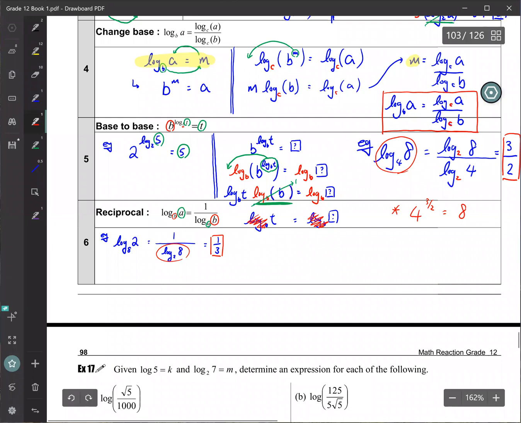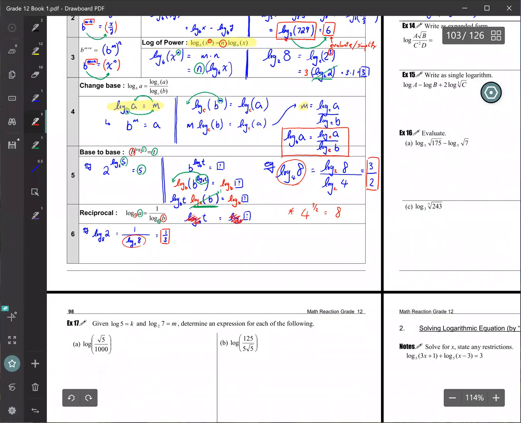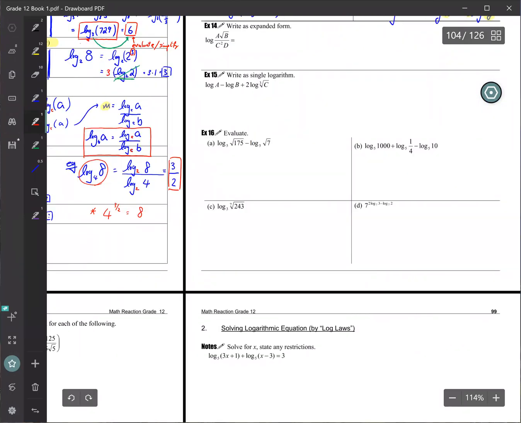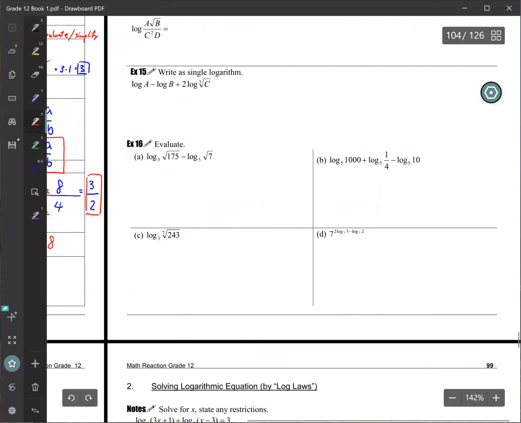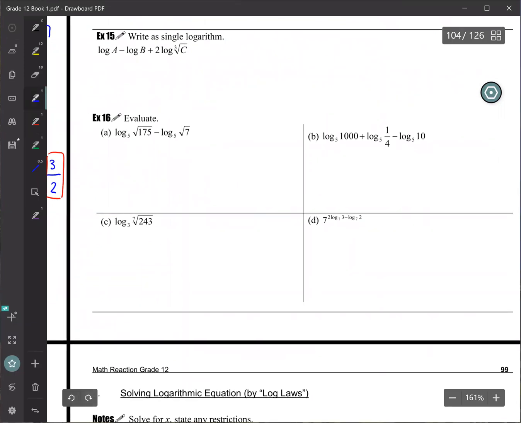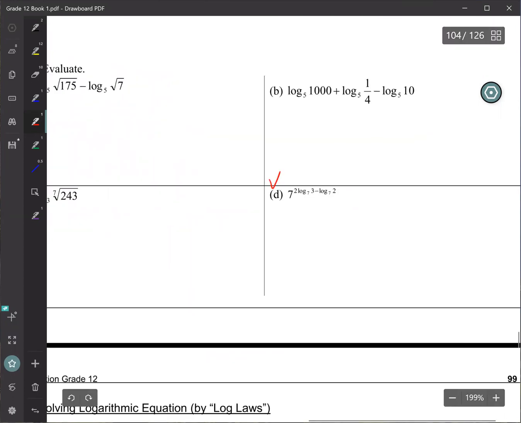Now let's try some questions. In the homework, you've done questions similar to that, so I'm going to let you try question D. Question D is the one that has to do with the new law that we just learned. I'll let you think about this one.